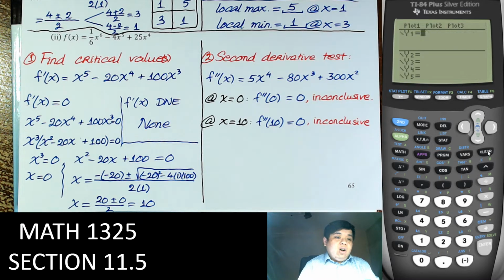But let's just graph the function, see what happens. 1 divided by 6, x to the 6th power minus 4x to the 5th plus 25x to the 4th, sorry. Right, let's zoom out.